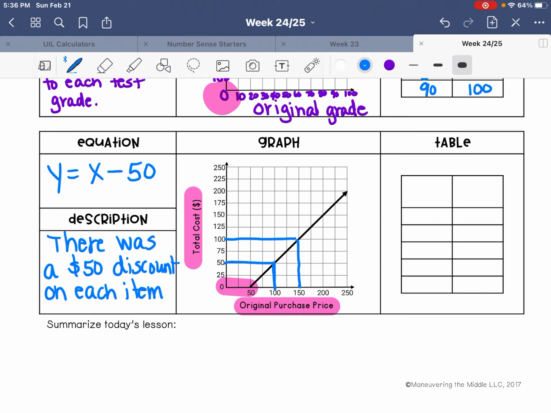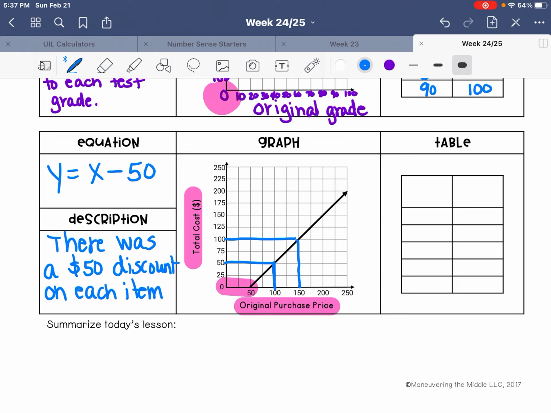My first thought is, well, what if it's $25? Are they going to pay you $25, or are they going to pay you $25 to take it out of their store? Never mind, that's not that funny. Okay, so now we've got an equation, a description, and a graph, and all we need is a table.